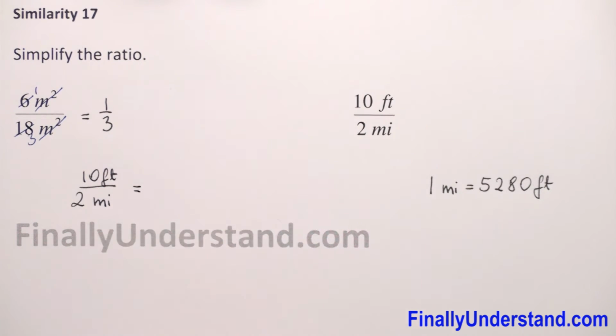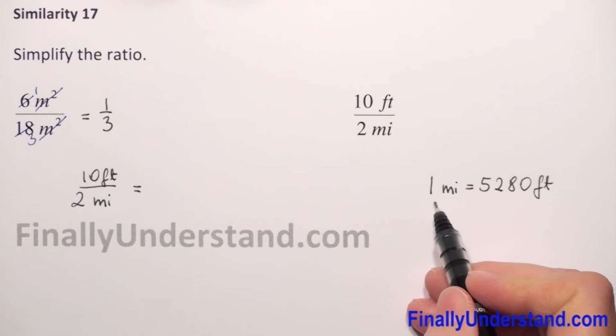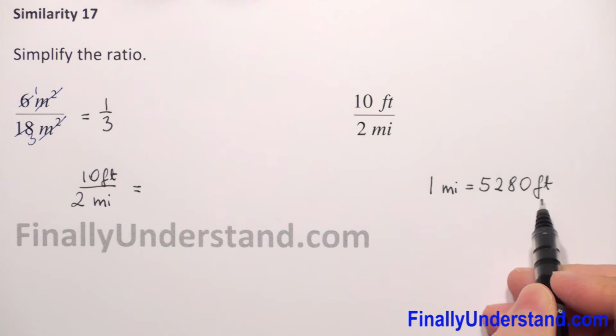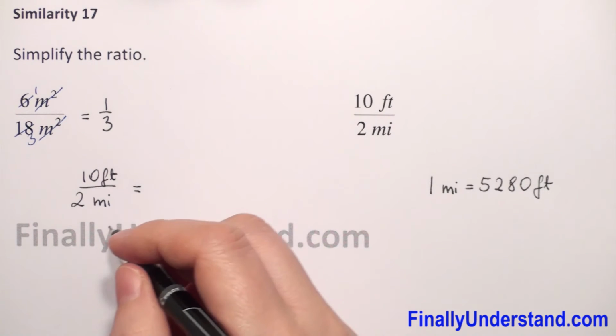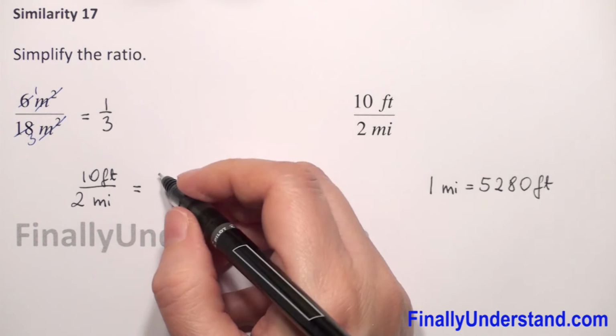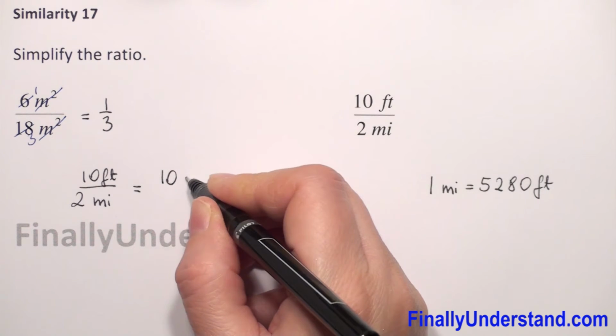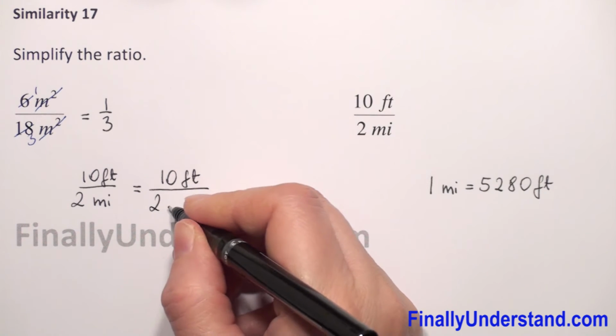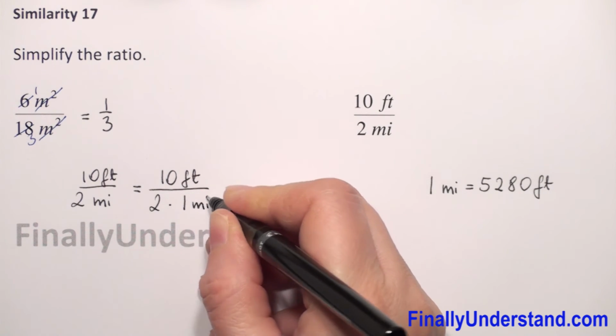So this is equal, because we have that 1 mile is 5,280 feet, so we will rewrite our denominator. The numerator we will copy, 10 feet over 2 times 1 mile we can rewrite.